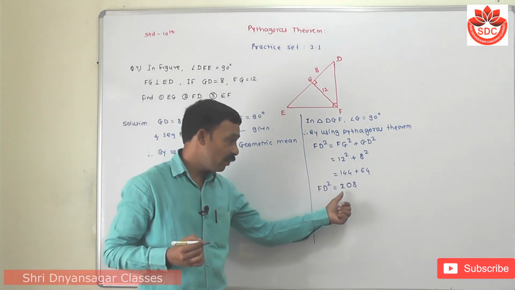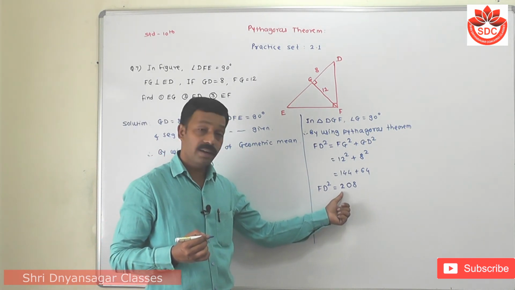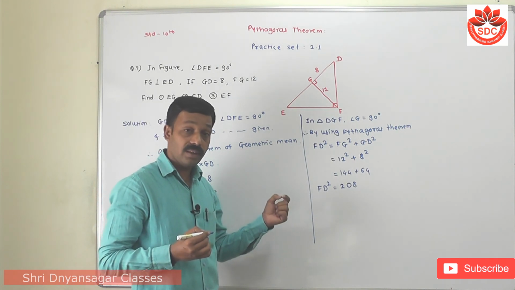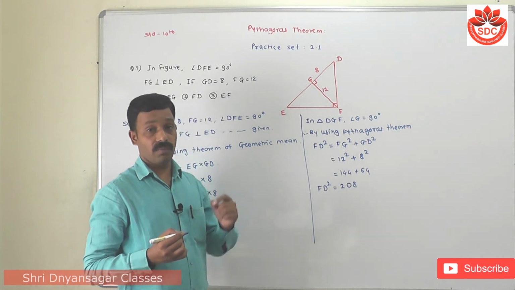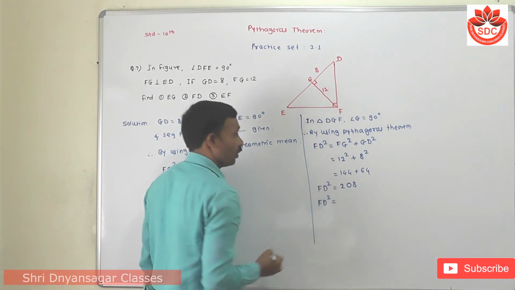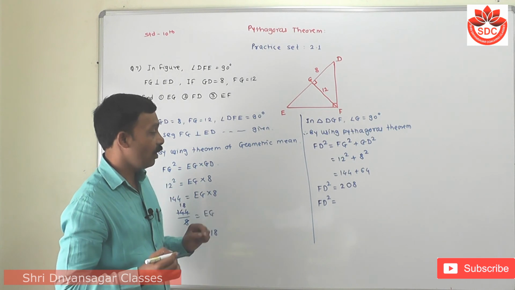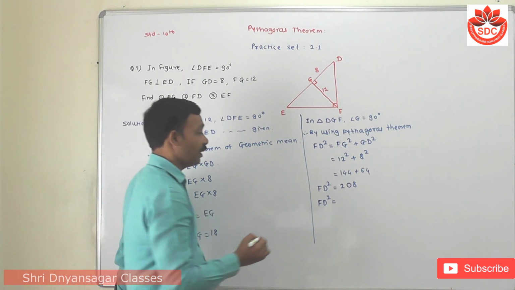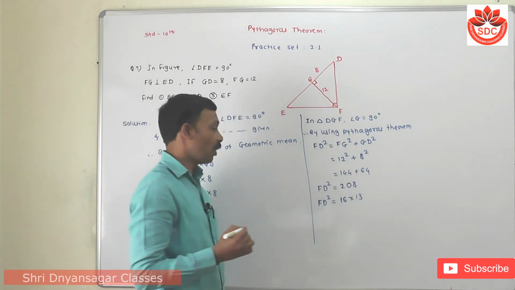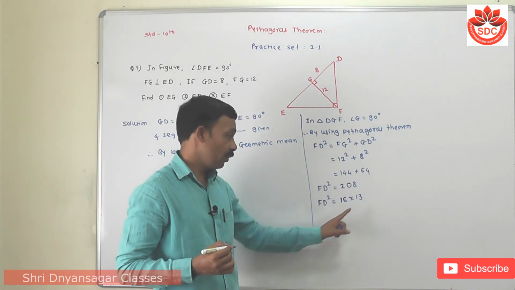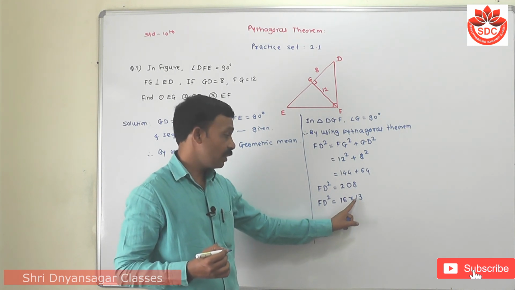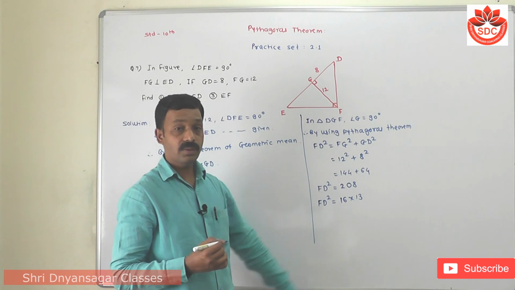Students, we cannot find the square root of 208 directly. So first factorize this. Out of these factors, we can find the square root. FD square is equal to 16 into 13, the product is 208. Look here, 16 3s are 48, carry 4, 16 1s are 16, plus 4 becomes 20.